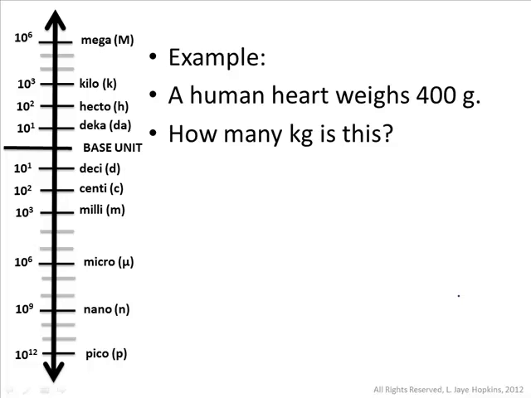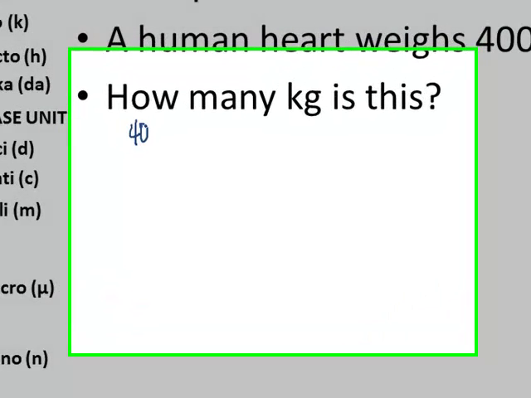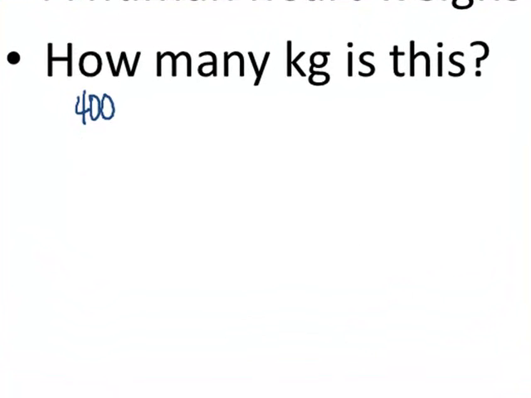So there's 2 different ways to do this. One is to take the number 400, remember that kilo means 1,000 or 10 to the 3, so I'm either going to move my decimal point to the left 3 places, 1, 2, 3, and discover that 400 grams is equivalent to 0.4 kilograms. That's one possibility.